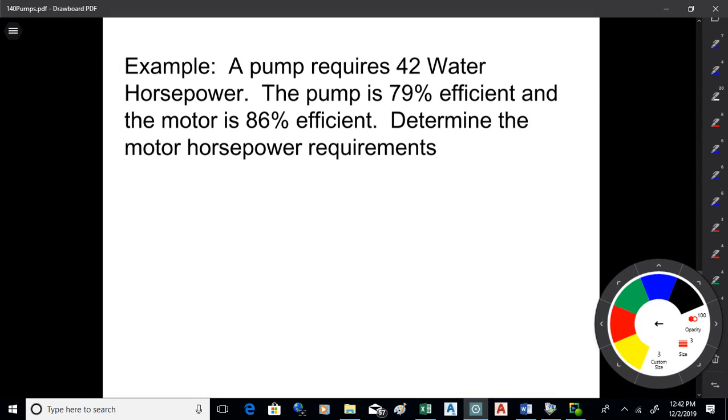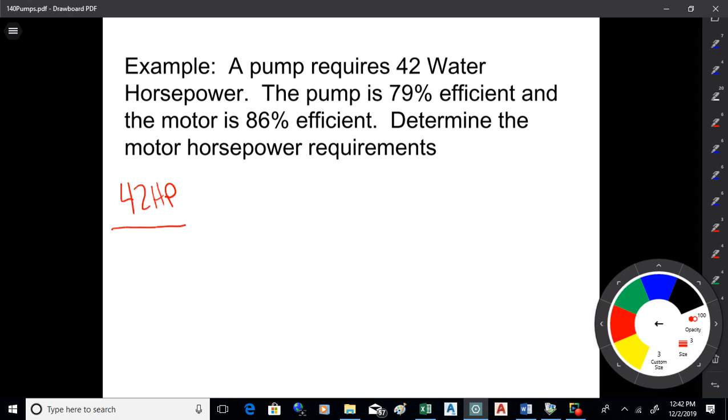So let's say I require 42 water horsepower. I know that this is what my pump's going to need, and I want to know what's going to come into the motor. Now I'm at the water horsepower end. I'm going to need more horsepower than that coming into the motor because I've got these efficiency losses.